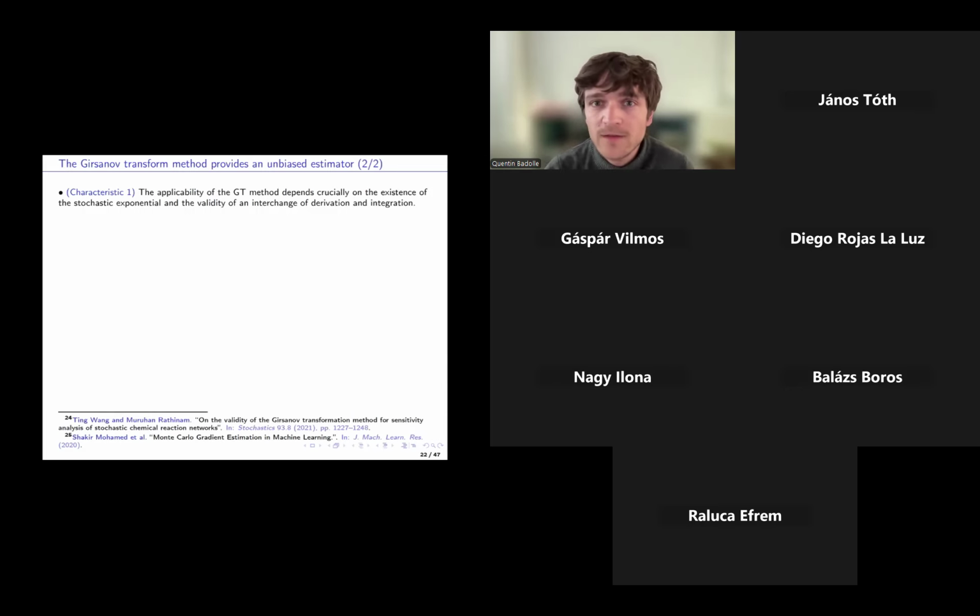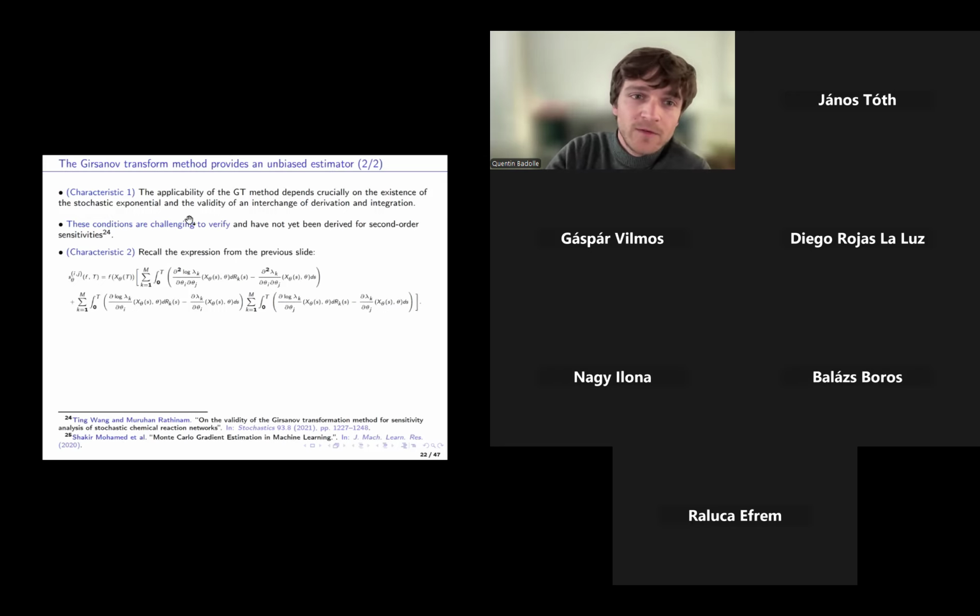The first one is that the existence or the applicability of the Girsanov transform method, which I will abbreviate as GT, depends on the existence of, first, a stochastic exponential, and second, the validity of an interchange of derivation and integration. So there have been conditions which have been proposed for first-order derivatives, but they can be challenging to verify, and they have not yet been derived for second-order sensitivities.